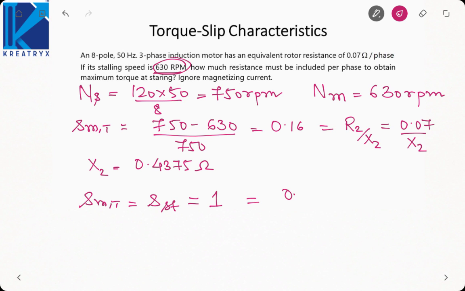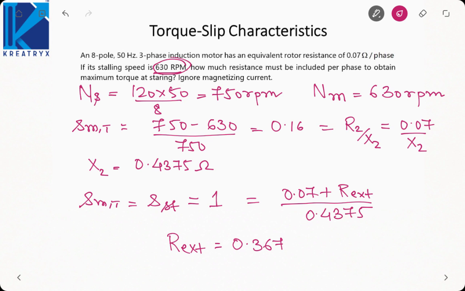So this will be 0.07 plus whatever external resistance you have added by X2. X2 does not change. 0.4375. From here we get external resistance as 0.3675 ohm. Okay, that is how you can control the torque at a particular speed by inserting external resistance.